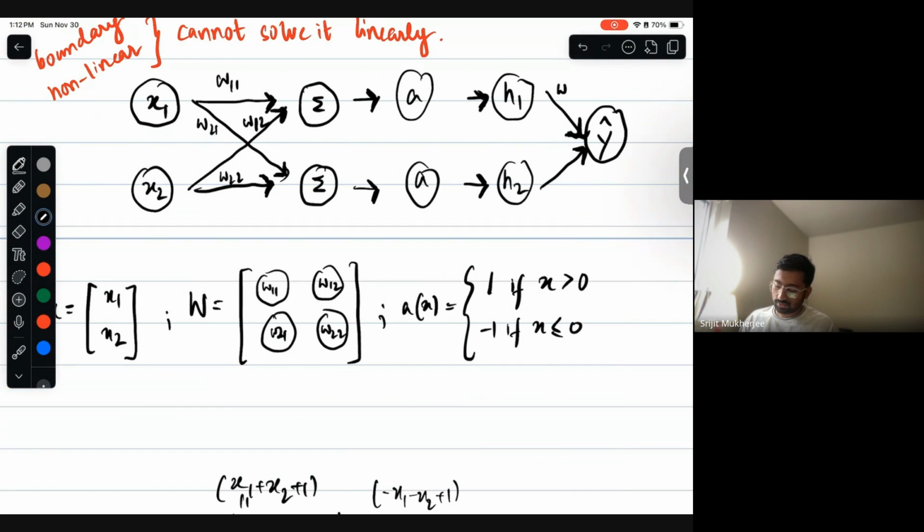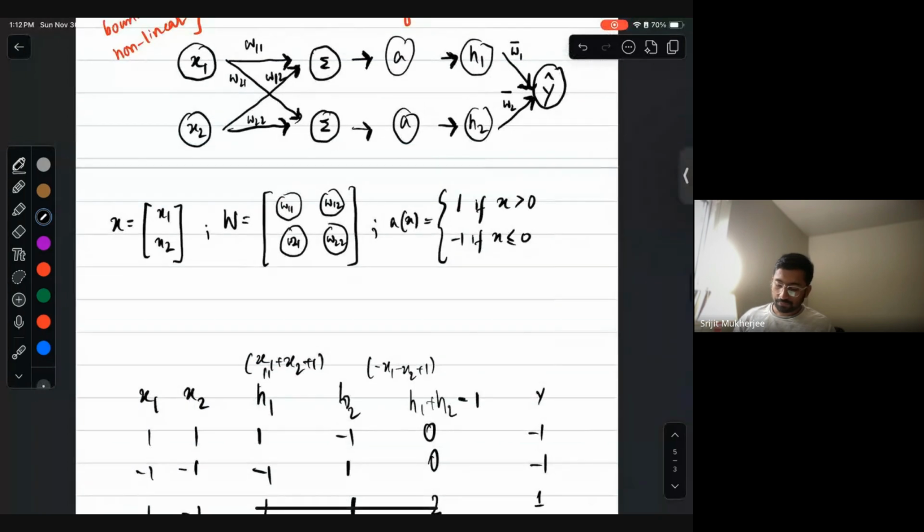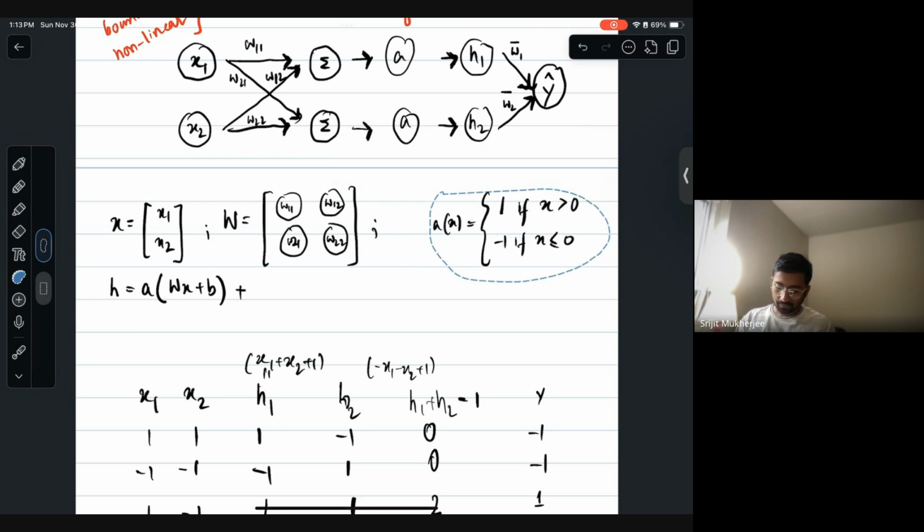W bar 1, W bar 2. Understand this. There's another 2 layers. So what's happening is that H is A of Wx plus B. I didn't write B, I also don't know B. So this is H, sorry.